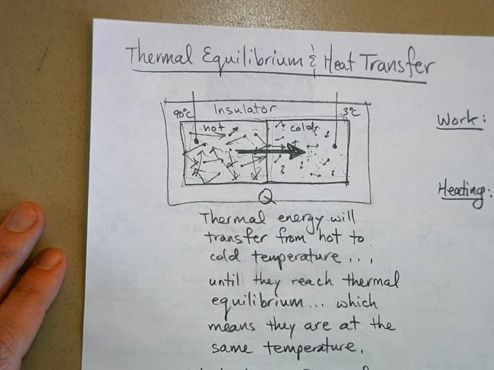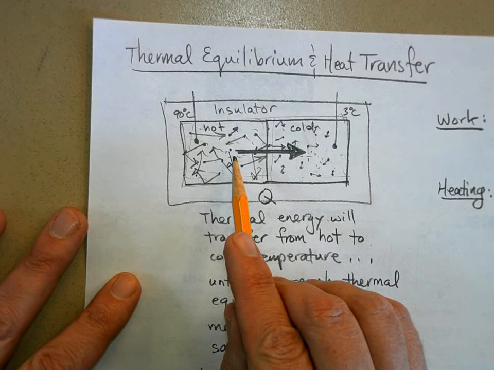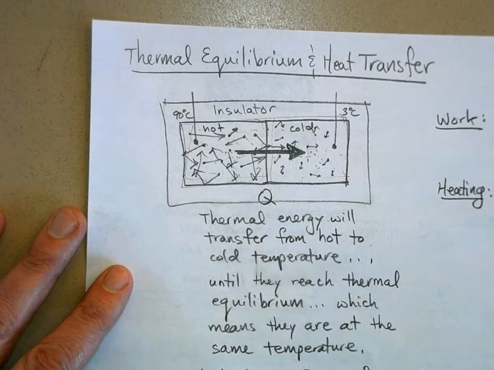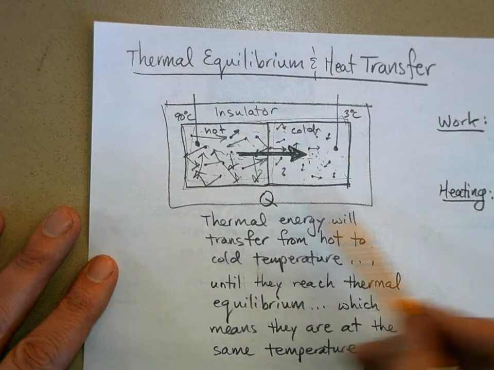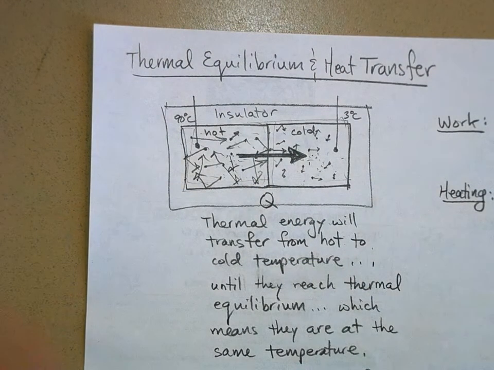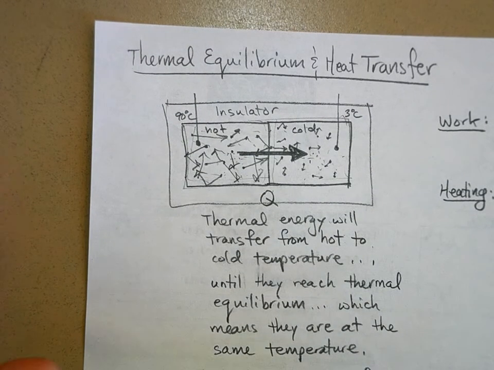And so we say that heat always flows from high temperature to low temperature until they reach thermal equilibrium, which means they're both at the same temperature, and so heat's not going to transfer anymore.